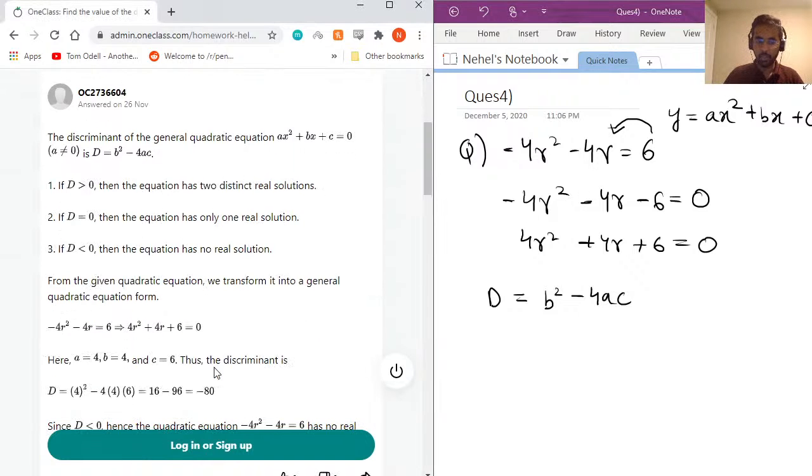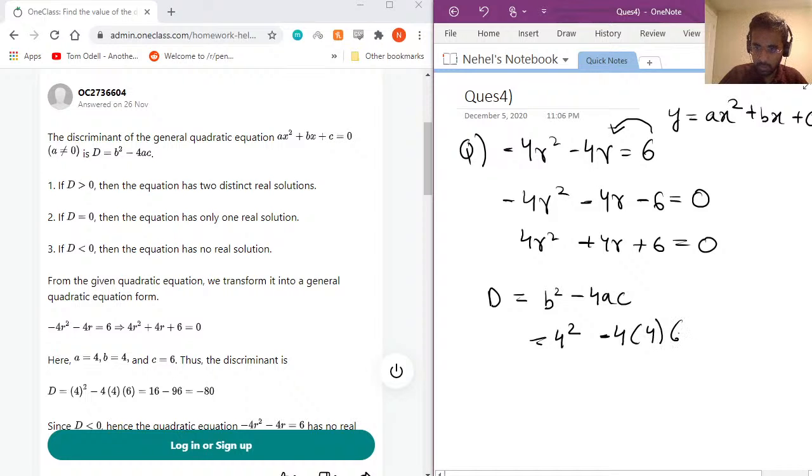If I plug all of them in for the discriminant value, I would get 4 squared minus 4 times 4 times 6, which is 16 minus 16 times 6, which is 96. So the final value would be negative 80.